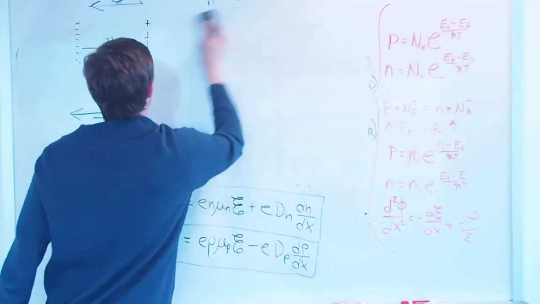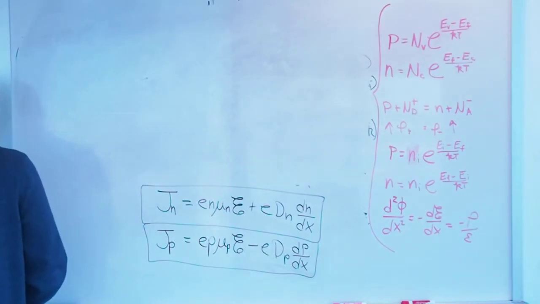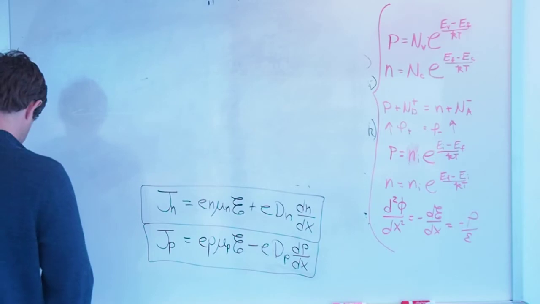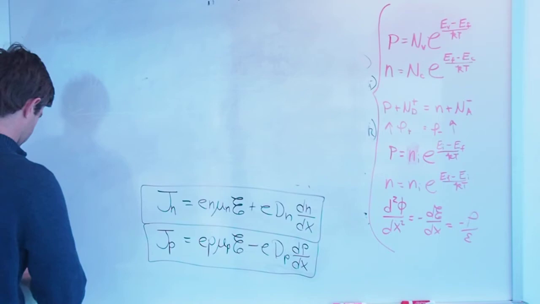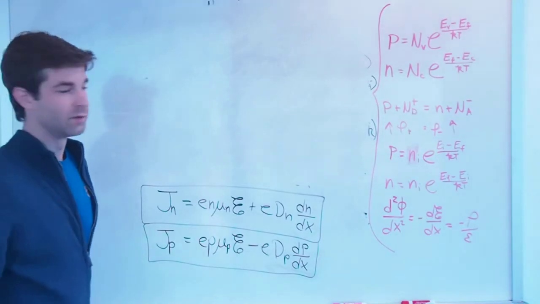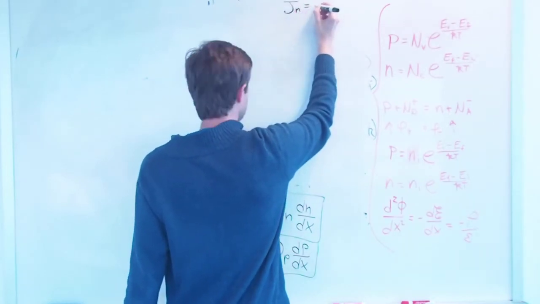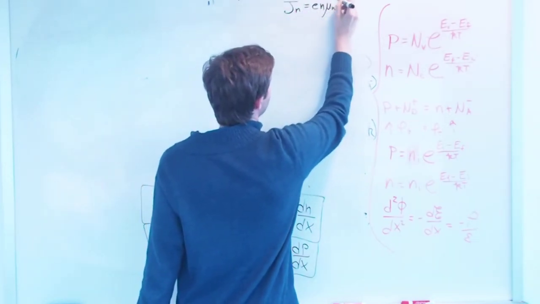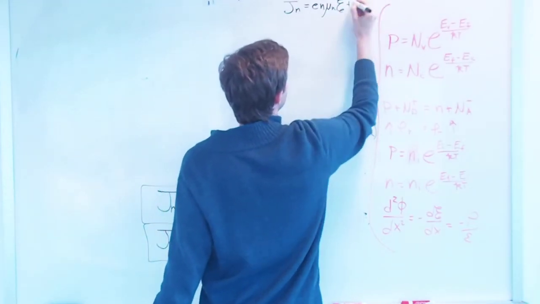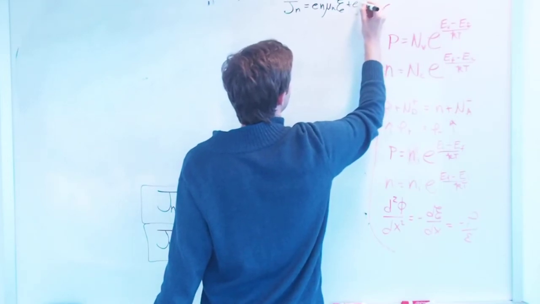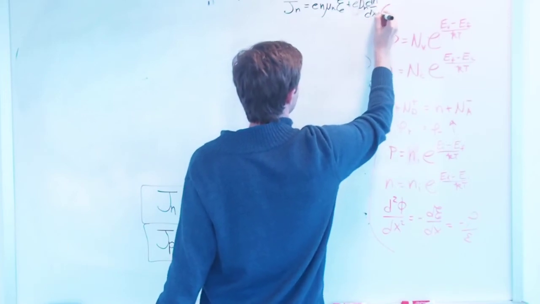So going back to this nonlinear doping, we're going to look at an actual example problem where this would be used, right? So I'm actually going to rewrite this. J sub n is equal to e n mu sub n E plus e D sub n dn over dx, right?